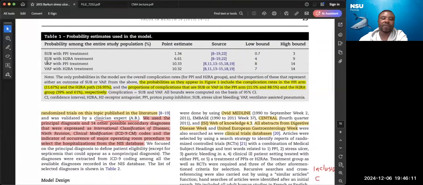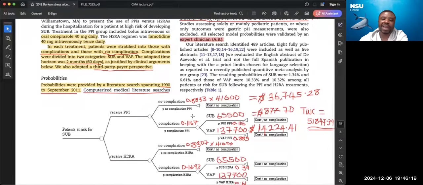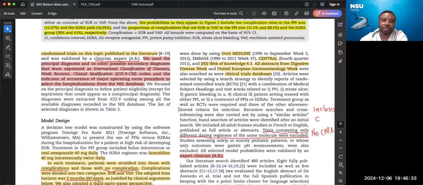So for the VAP with the PPIs, they had 10.33. You get the 10.33 if you multiply this here by this. So if you multiply the 0.1167 by the 0.8835, you get the 10.33.